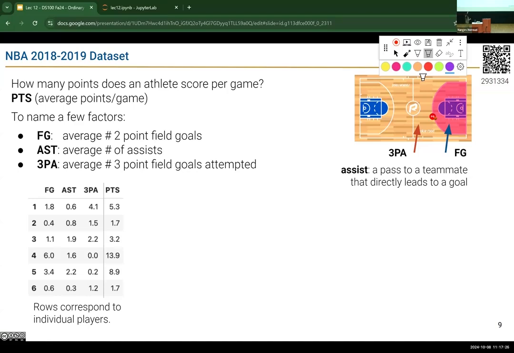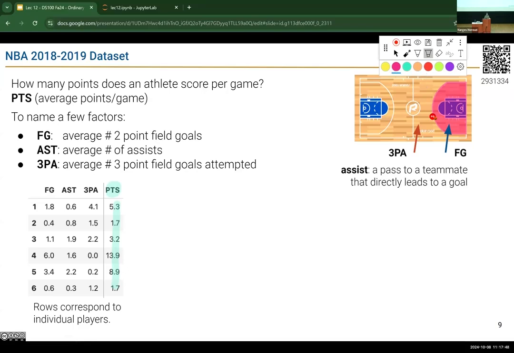The target variable that we want to predict is the average number of points that those players score in a given game. That's this entire column. But then we also have some input feature values that we can use.